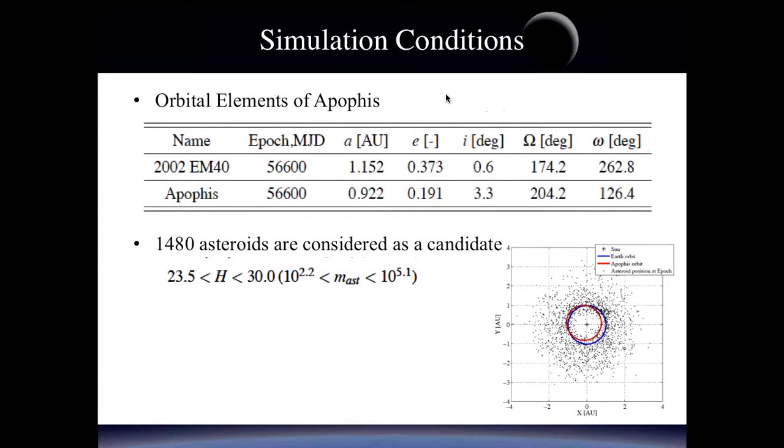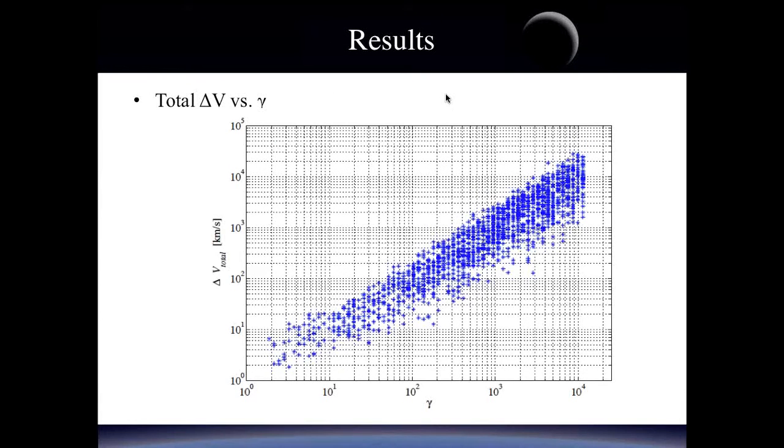This table shows the orbital elements of Apophis and the asteroid used in the later simulations. Here we consider 1480 asteroids as candidate asteroids, shown in this figure.